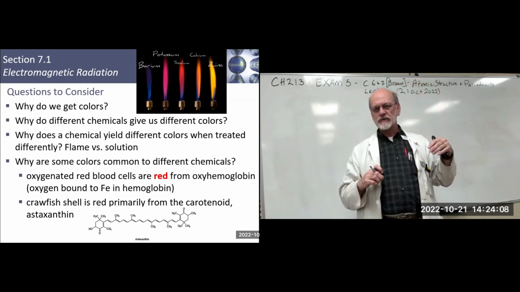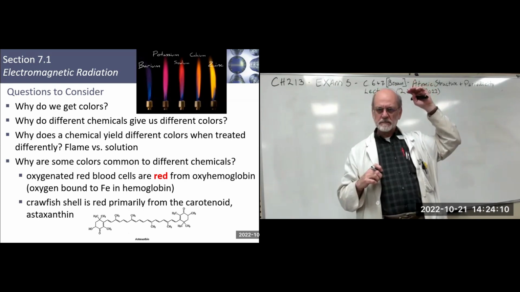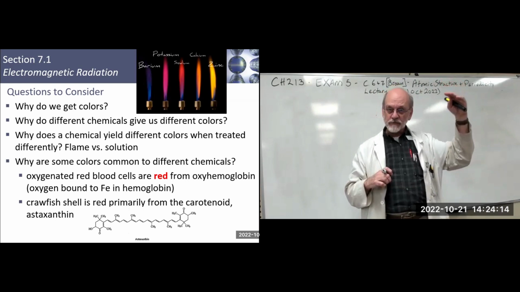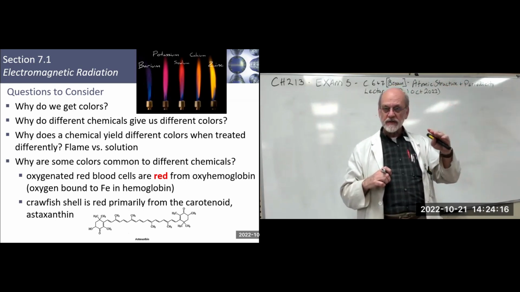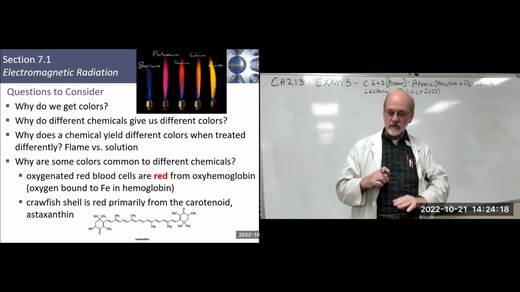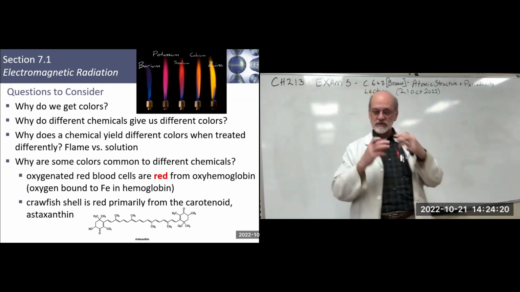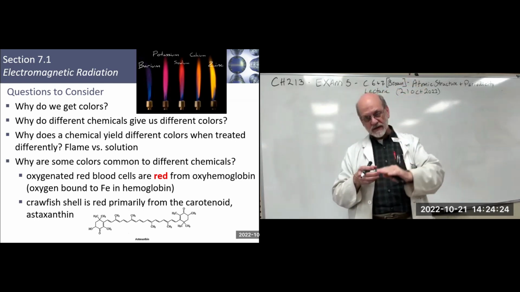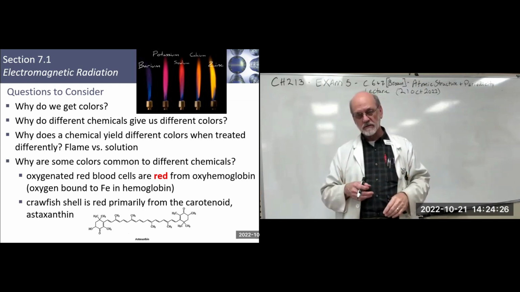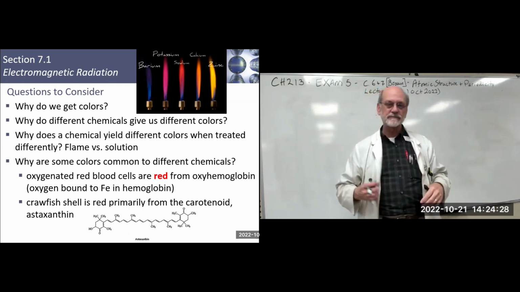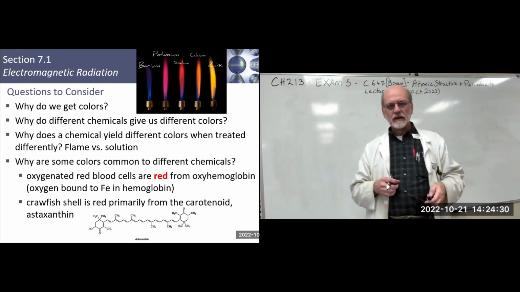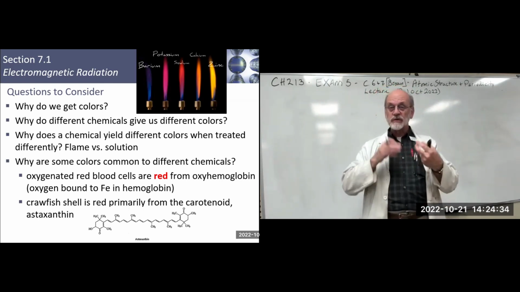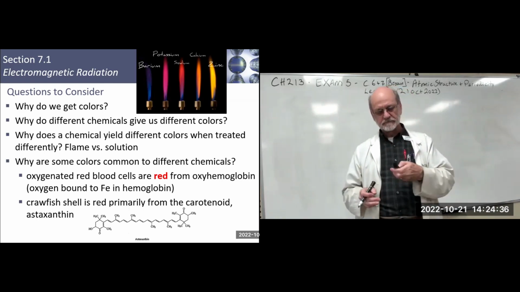So if you start from violet and move down through the blues and the greens and the oranges to the reds, the more of those conjugated double bonds, the further down you get toward the reds. And that's due to the way the electrons move between energy levels.